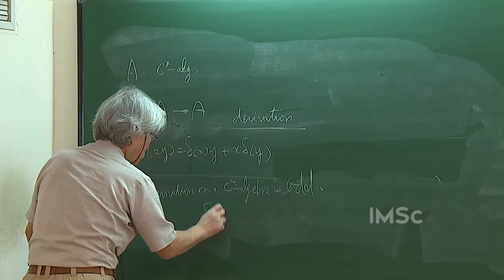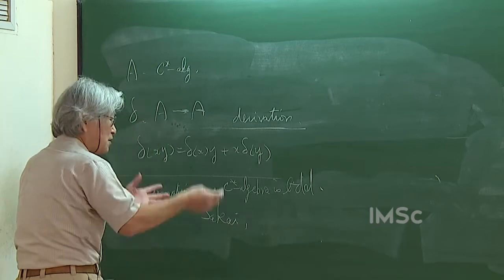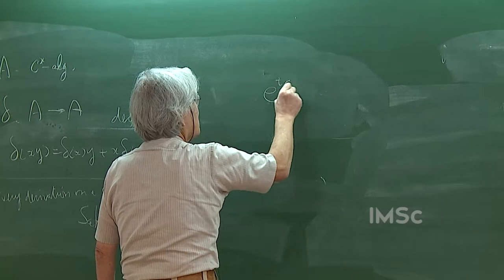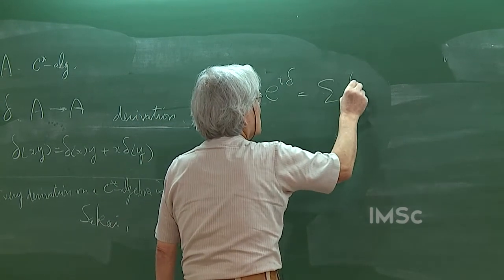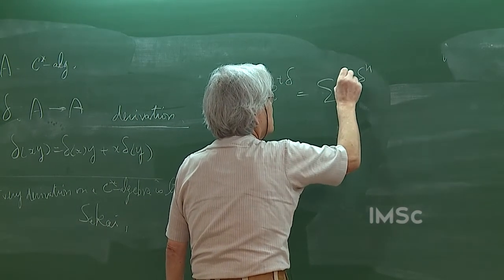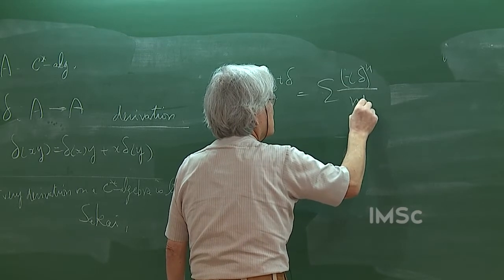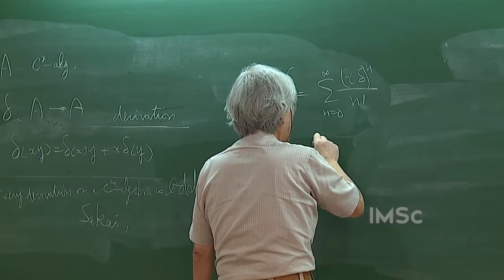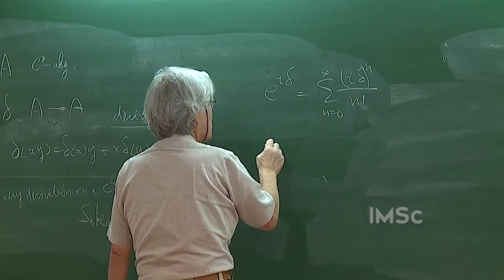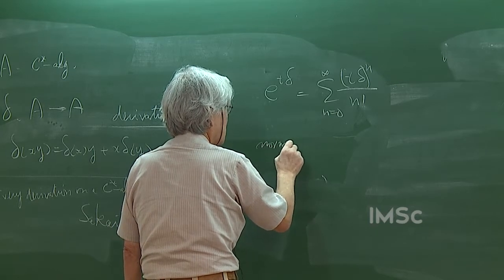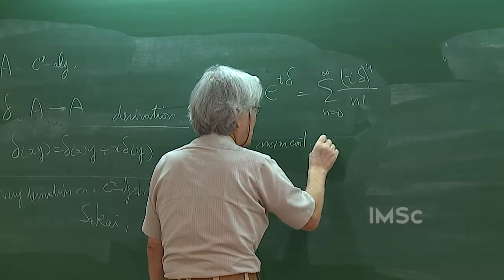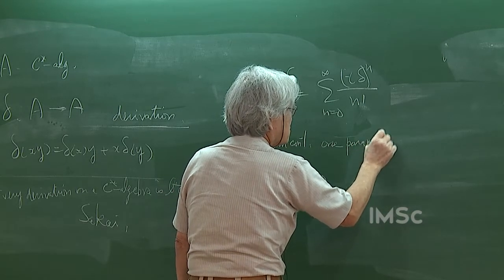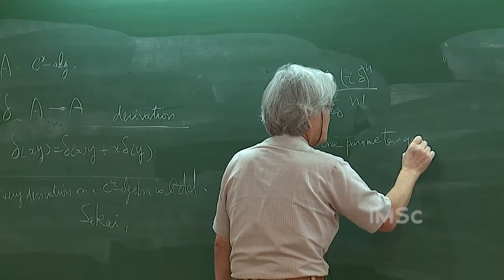That means exponential t delta, the sum of (t delta) to the n over n factorial from 0 to infinity, is a norm-continuous one-parameter group of automorphisms.